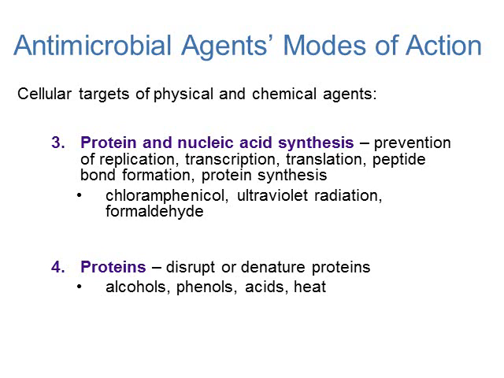Other modes of action include number 3, proteins and nucleic acid synthesis. There are different physical or chemical agents that will prevent DNA replication. They'll prevent transcription and translation, so using that DNA, transcribing it into an mRNA, and then translating that into a protein.